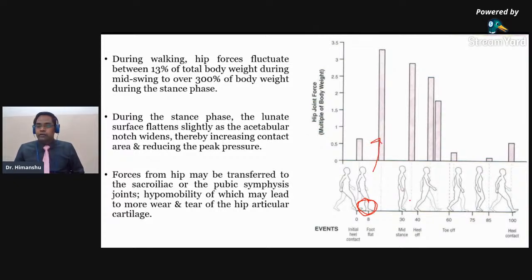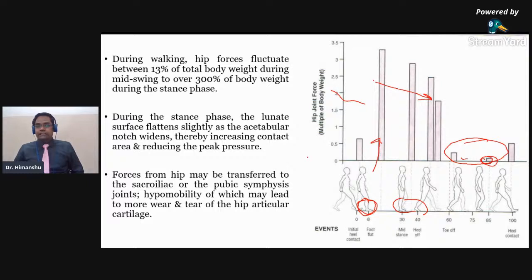Then when the patient moves from mid stance to toe off, the graph starts to decrease. The compressive forces between the articulating surfaces of the hip joint start to decrease after toe off, and they are very low in the swing phase.